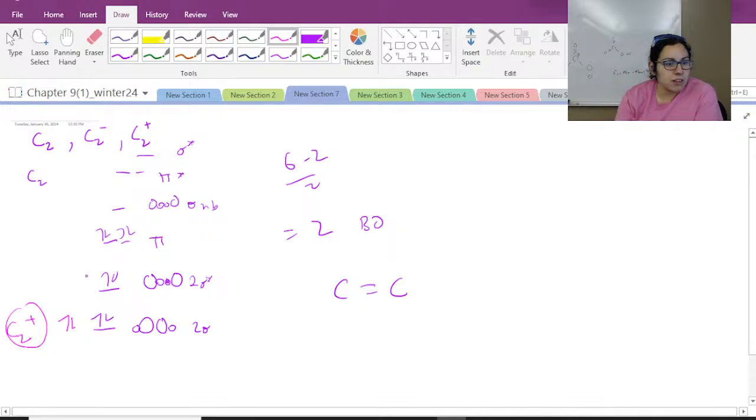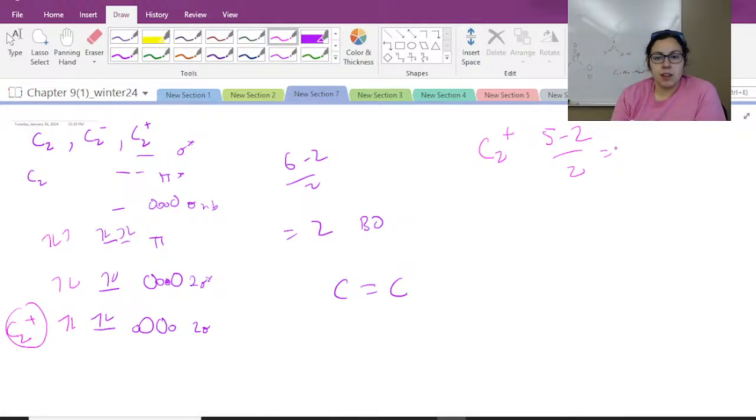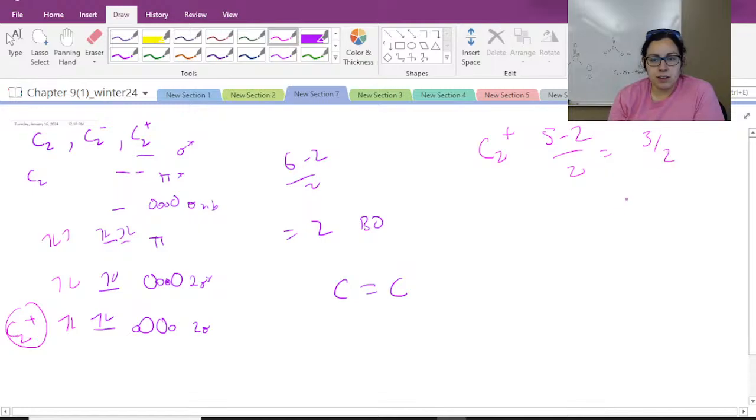I just changed colors. So 1, 2, 3, 4, 5, 6, 7. Right now we only have 7, so that's going to change our bond order. So C2 plus would have 5 minus 2, right? So what do we get for our bond order? So 3 halves, or 1.5. So you can see a little bit weaker than our C2 scenario.